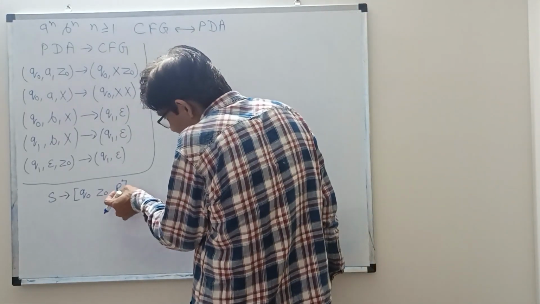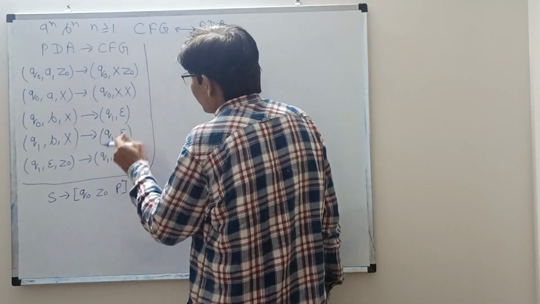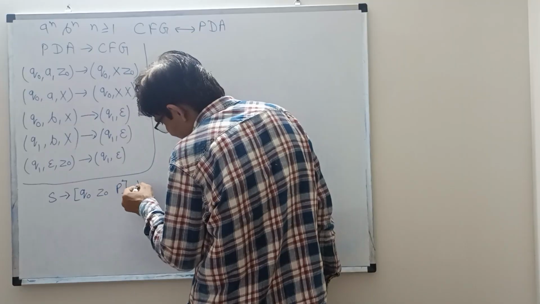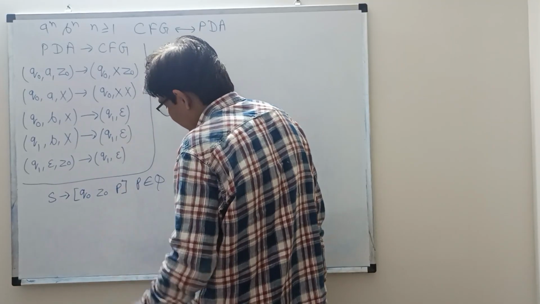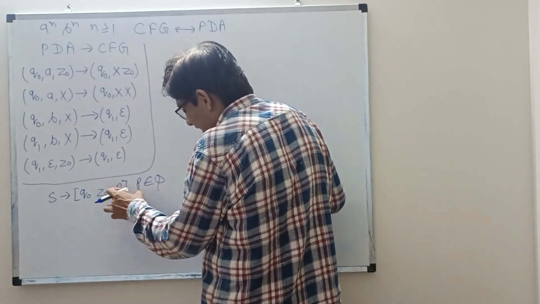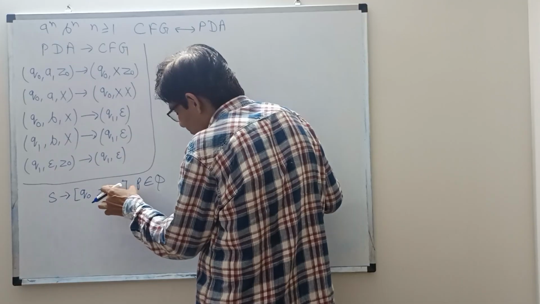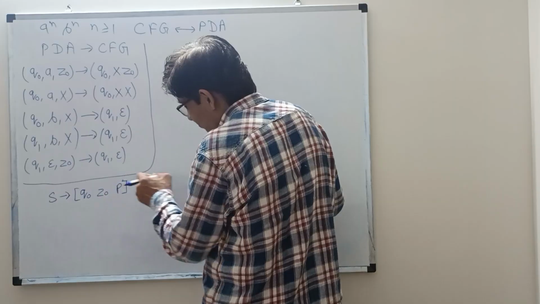Here I have mentioned p, and p is any value from capital Q. One by one we can have all states of Q in place of p.